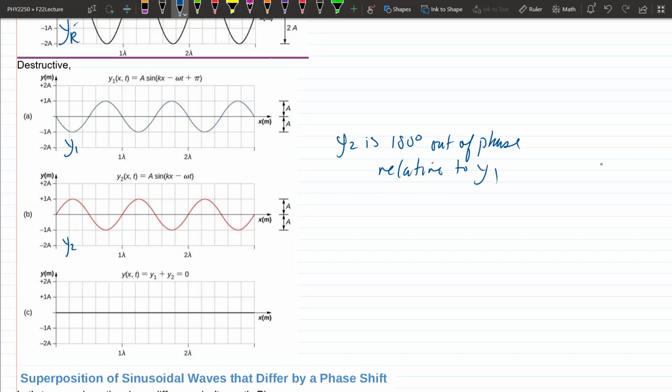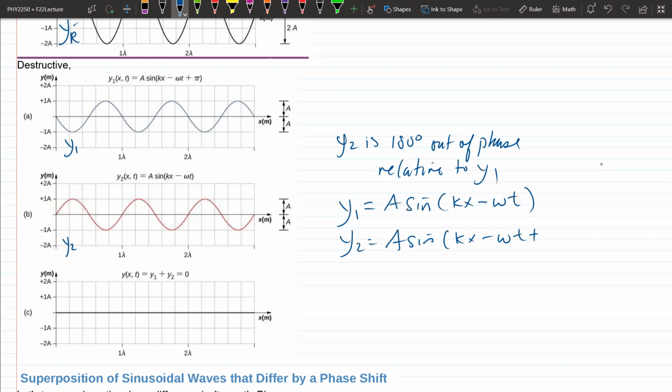Okay. Essentially, if you write the equation for y1 and y2, let's say y1 is some amplitude times sine of kx minus omega t, which is basically how we generally write a wave, right? And then y2 will be exactly the same, but have a pi, basically a 180-degree shift to it, okay?